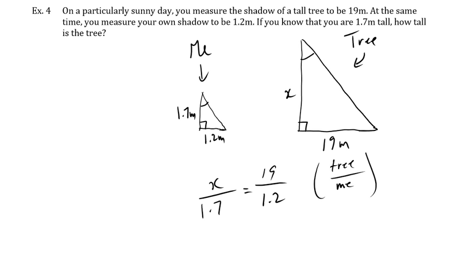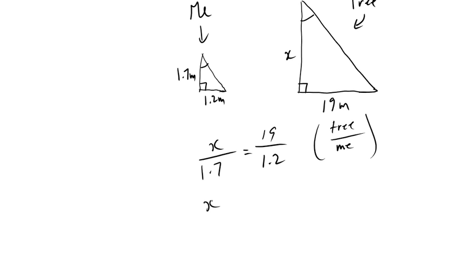Do you understand what I'm saying? Like, you can't flip it. x over 1.7 equals 1.2 over 19, right? That would give me the wrong answer. Okay, why don't you go ahead and try to find that answer?